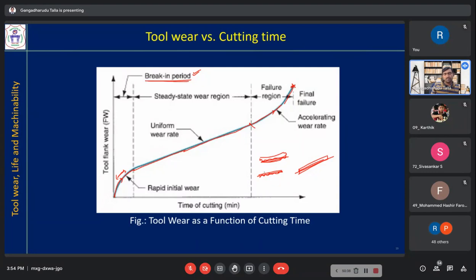Because of that, material will be removed fast. Upper surface is generally hard. If you are going inside, its hardness will also decrease, for any material in general, because the upper surface is heat treated, or it is subjected to heating and cooling from the surroundings, etc. But if you are going a little deep, material is generally a little bit soft. So all these will contribute to the tool wear.